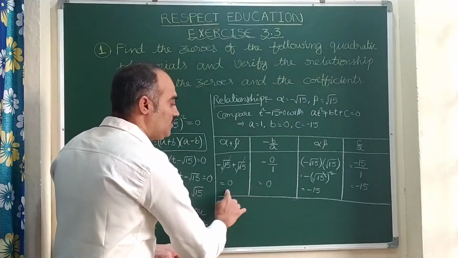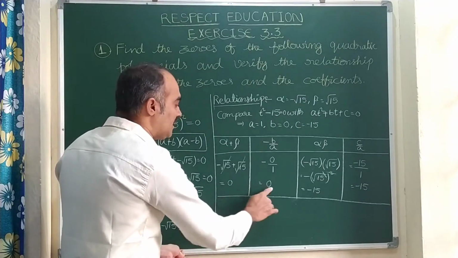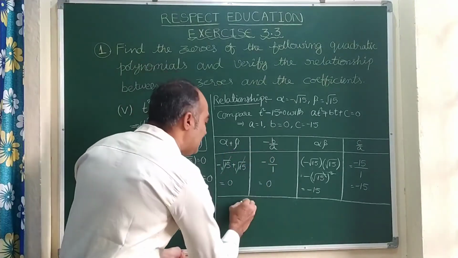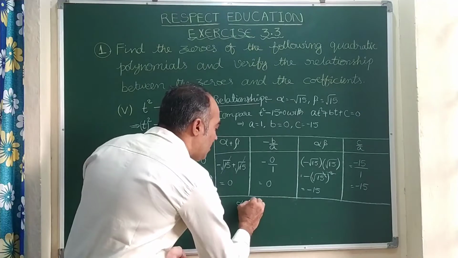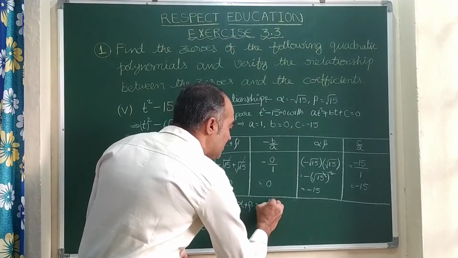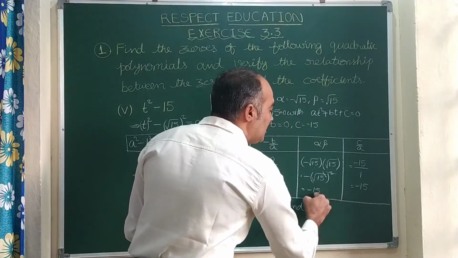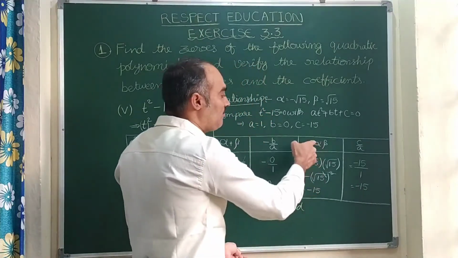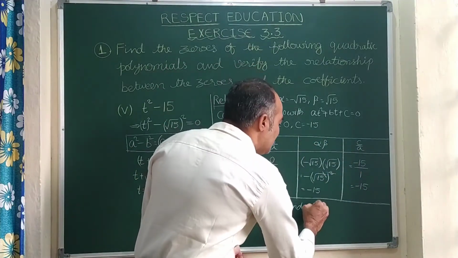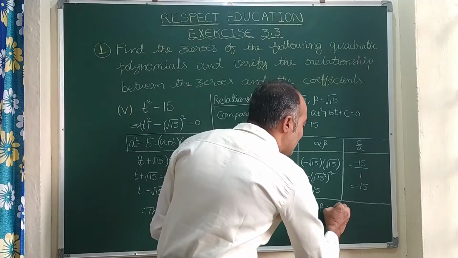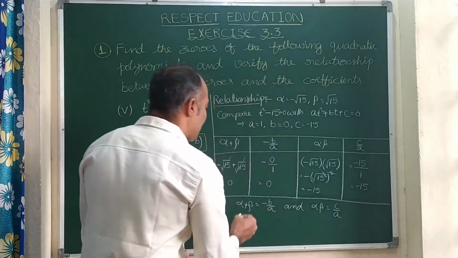Now these two values are equal. These two values are nothing but alpha plus beta and minus b by a. So alpha plus beta is equal to minus b by a. And these other two values are equal: this is alpha into beta, and this is c by a. So alpha into beta is equal to c by a. Clear?